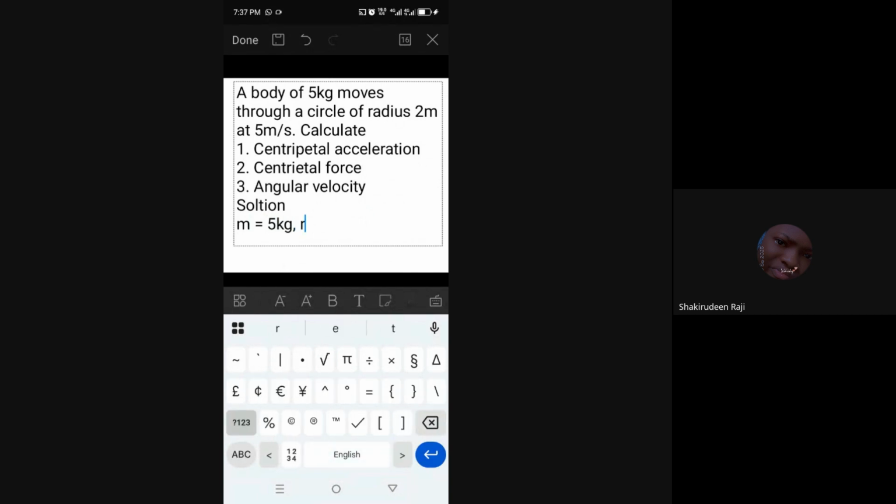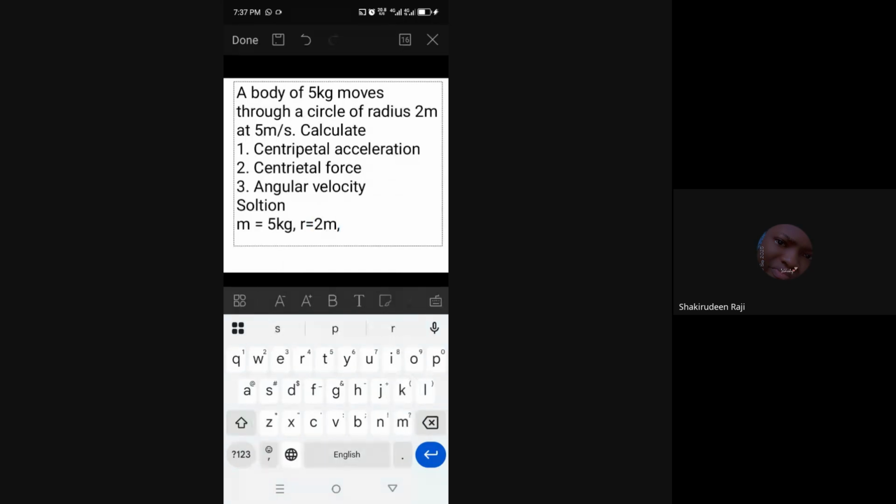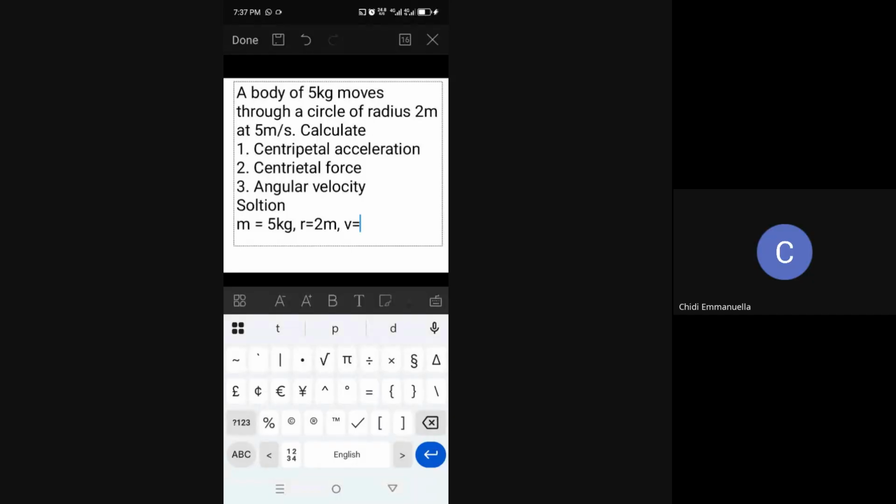Radius given to be 2 meters. Velocity, that is linear velocity. If it is angular velocity, you'll be given it in radians per second. Continue, solve the rest, you confirm using my own solution. Velocity is 5 meters per second.